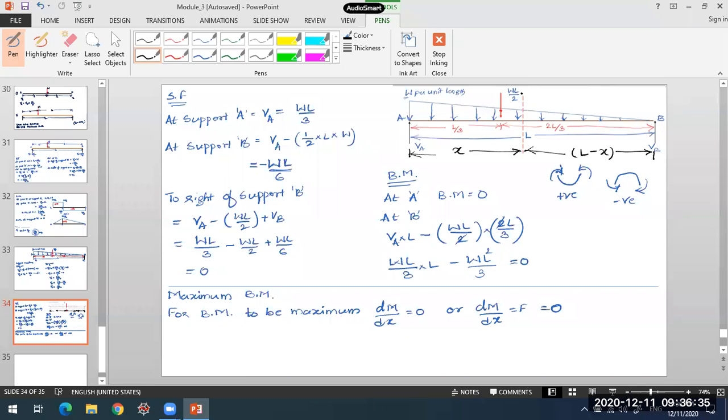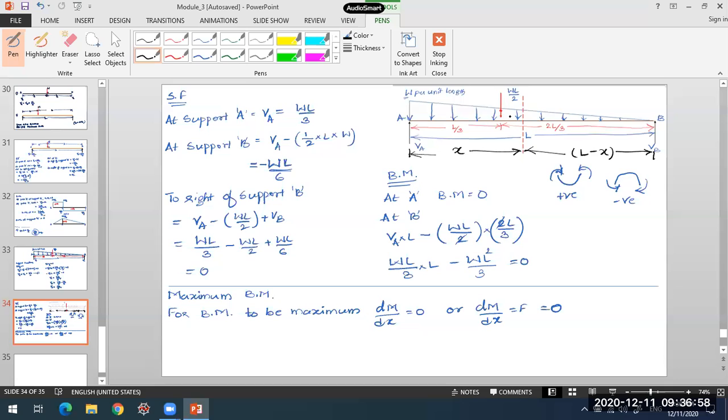At this particular section, shear force will have only one value. Until now, we have always taken the sum of all the forces to the left side of the section. That was the procedure we have followed.